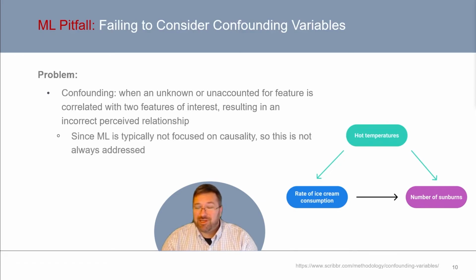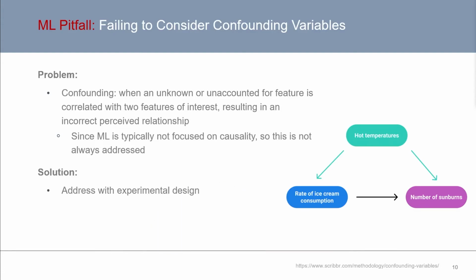Since machine learning is typically not focused on causality, the pitfall of confounding variables is not always addressed. However, when we are interested in ultimately tracking down causality after machine learning modeling, taking confounding variables into account may be very useful. We might address this issue either at the level of the experimental design, where we're careful to gather potential covariate features in our data.